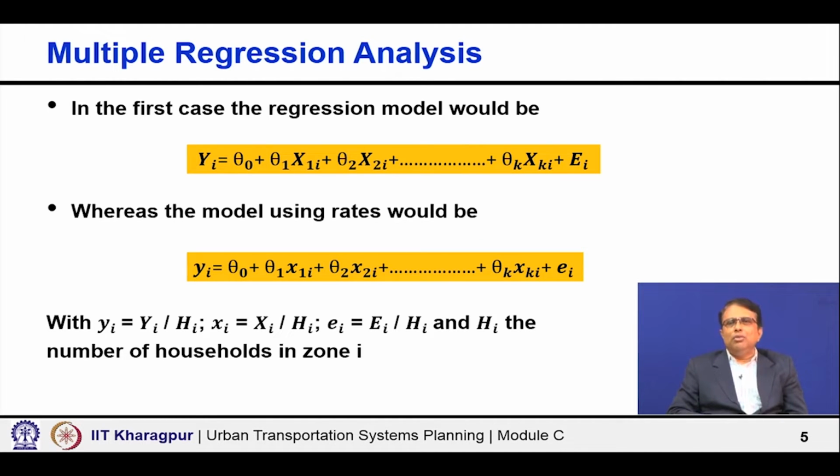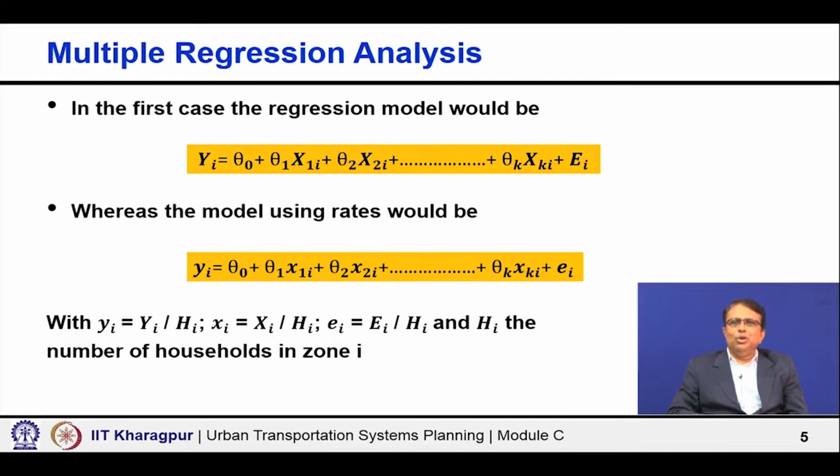And I have also written an error term, because obviously we are estimating, so there will be an error. In the first case, the aggregate model, we call that error term capital E_i, and in the second case we call it small e_i.